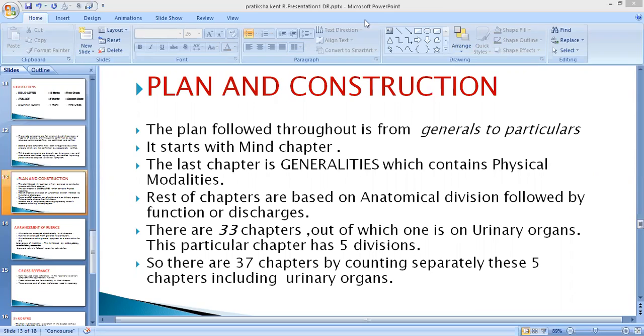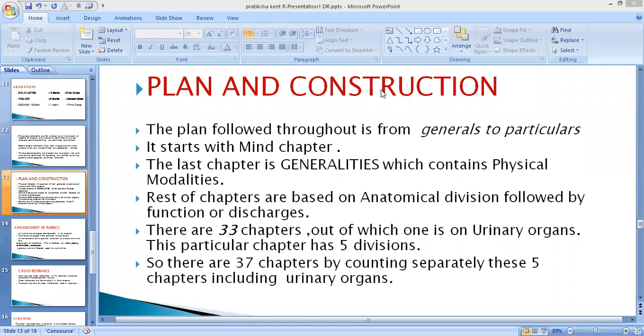Which is the first chapter in Kent Repertory? Siddesh: Mind. Very good. Very good, Jagruti. So, mind is the first chapter in the Kent Repertory.